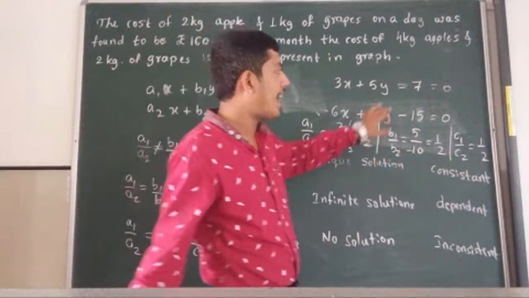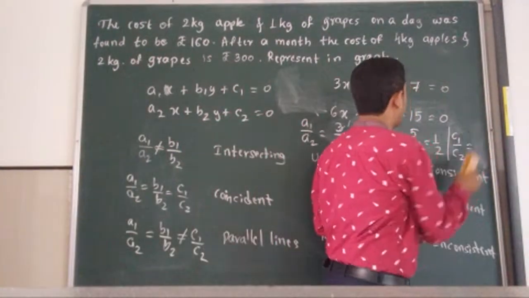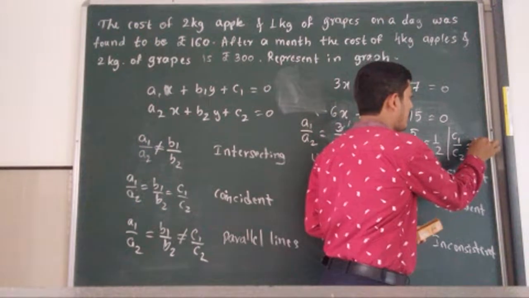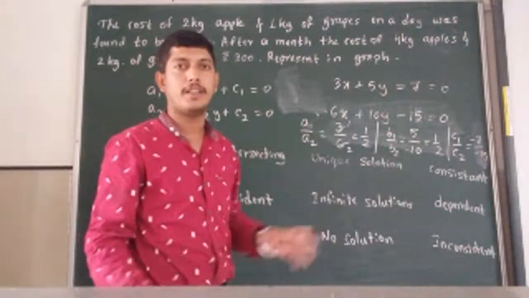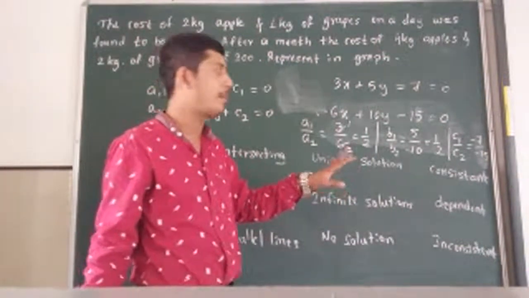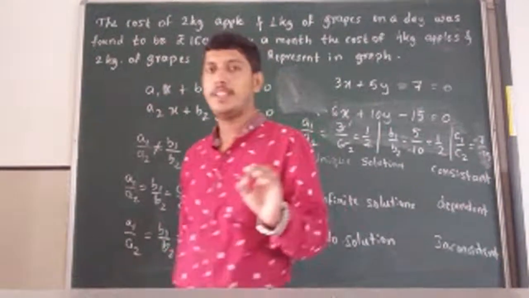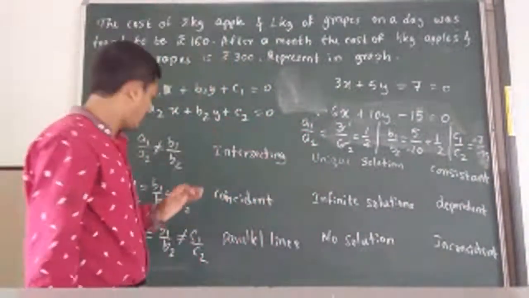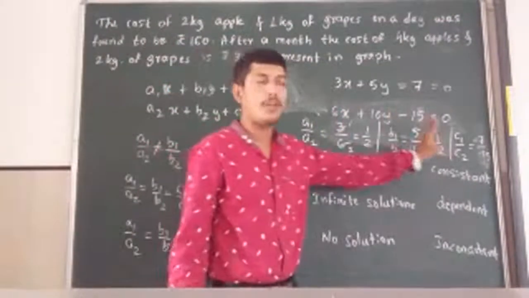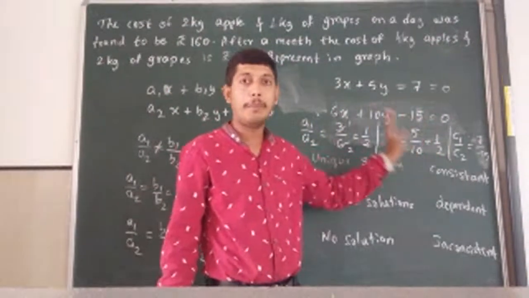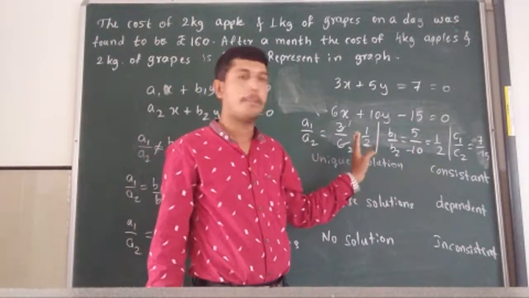Then the last step, C1 by C2: minus 7 by minus 15. The minus signs get cancelled, so only 7 by 15 remains. Therefore, A1 by A2 equals B1 by B2, both ratios are 1 by 2, but C1 by C2 is not equal to them.